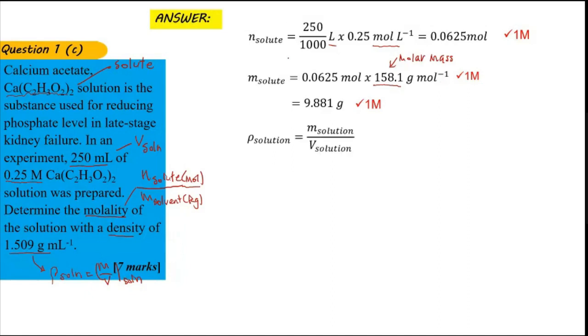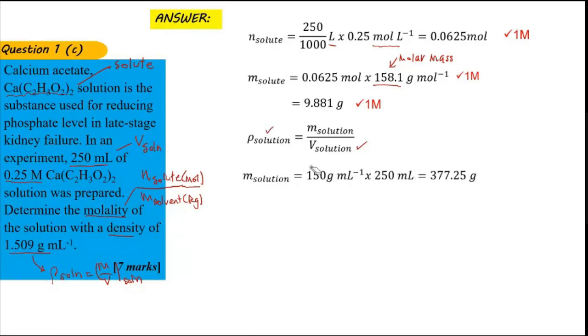So now we will look into density formula, which is mass of solution upon volume of solution. So from here, density is given directly in the question, volume of solution given directly, 250 ml. So cross multiply, you get mass of solution.